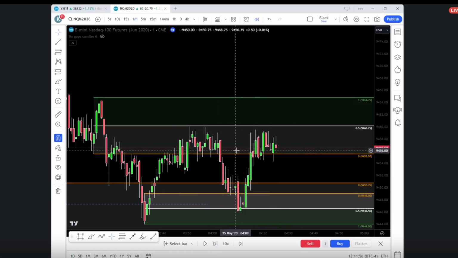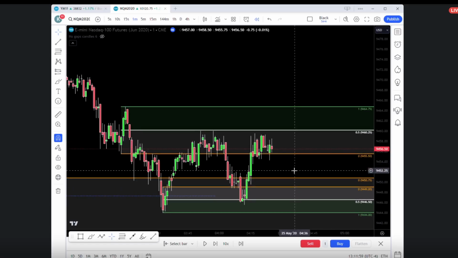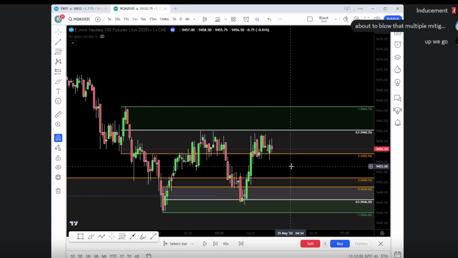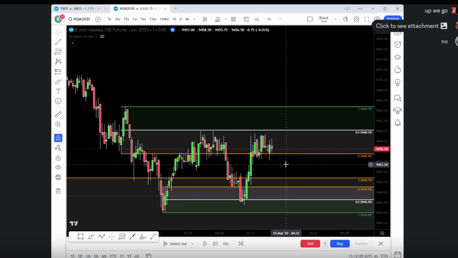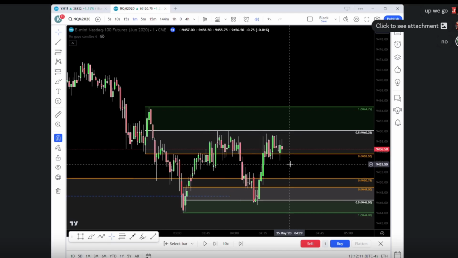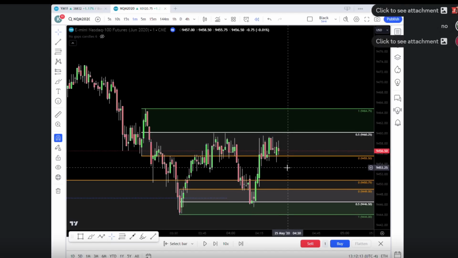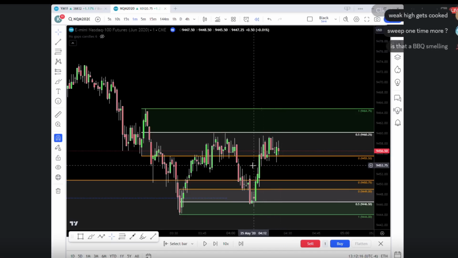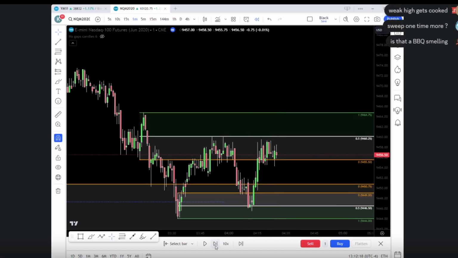Sideways consolidation up here. Do we have a valid high? No, we don't. That's right. All this, danger zone.